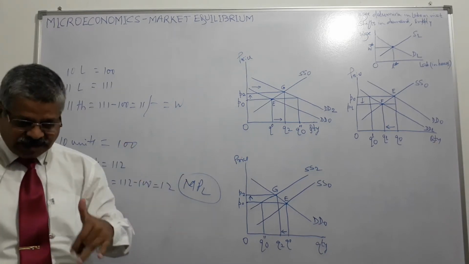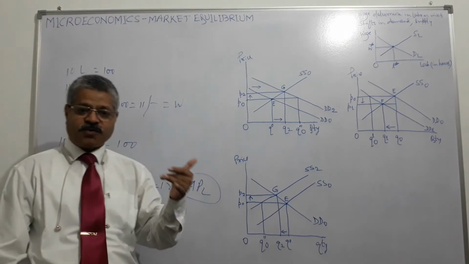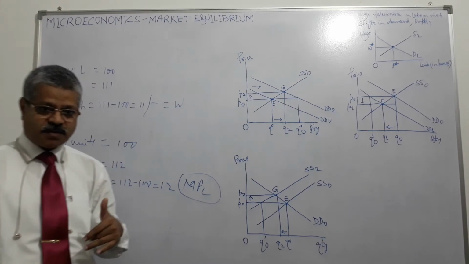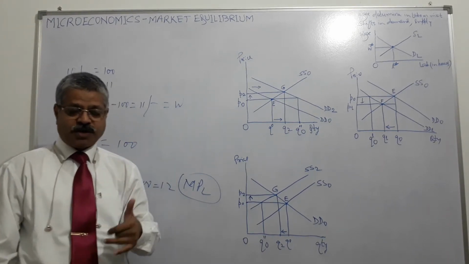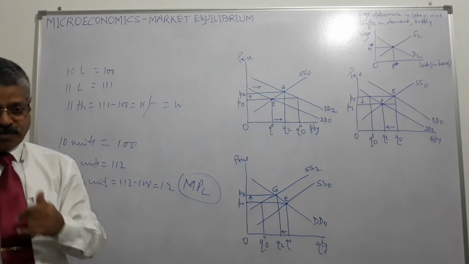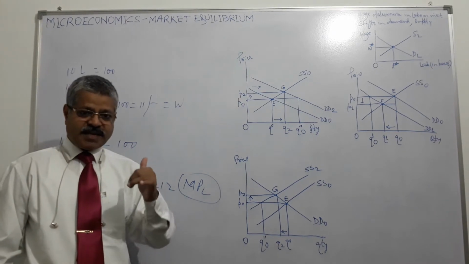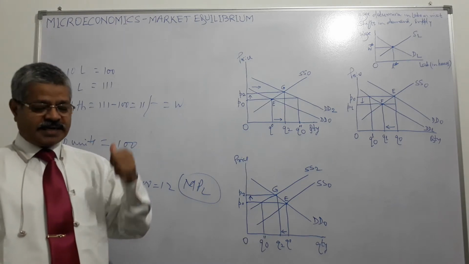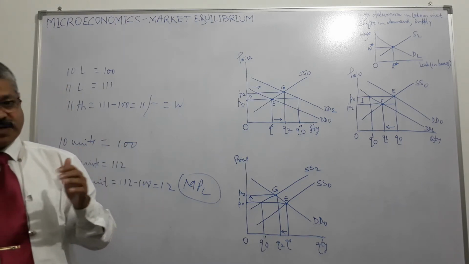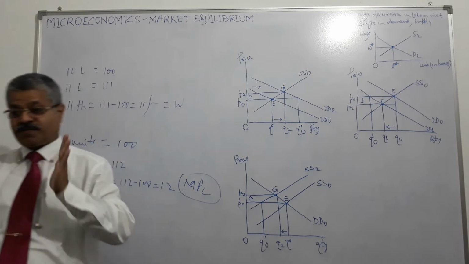I produce 11 units, I get 225 rupees. It means marginal revenue from the 11th unit is 225 minus 200 is equal to 25 rupees, right?